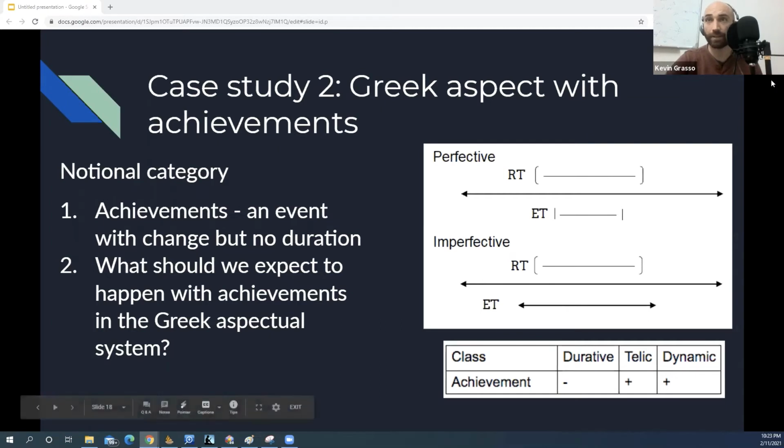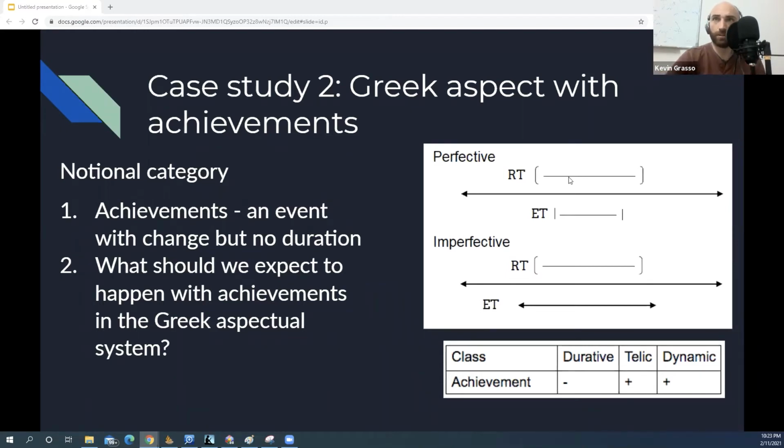So here's our event time, right? Like in perfective and imperfective aspect, here's our event time, right? So it would be fine to put an event time with no duration, like a single point, within reference time. Totally fine, right? And this is how we normally interpret the past tense in English, right? With achievements, the vase broke, right? Just means that it happened at some instant that the vase broke, right?